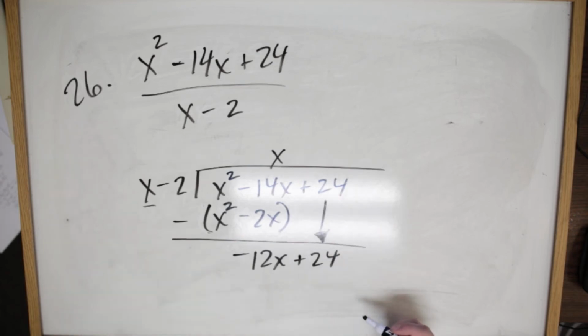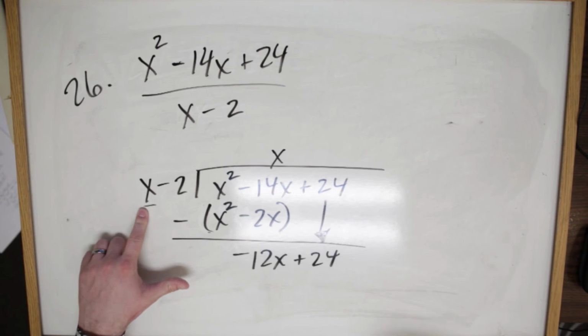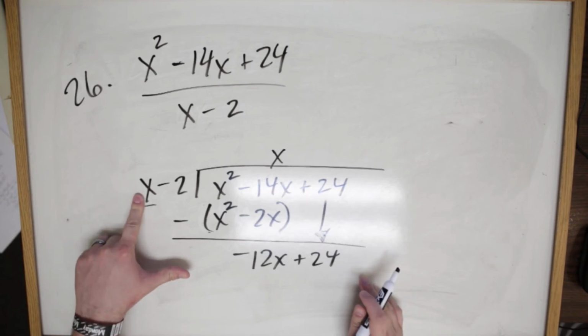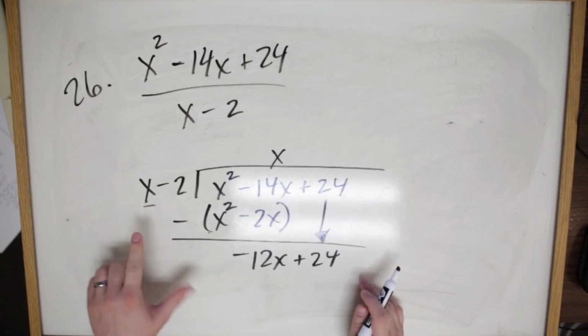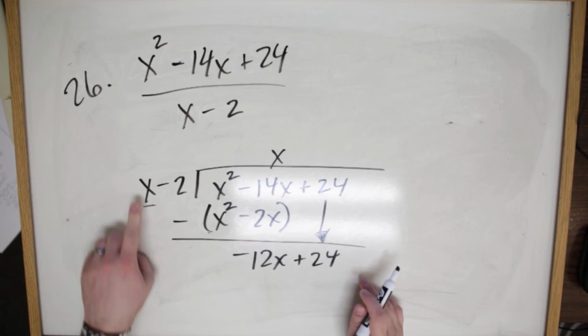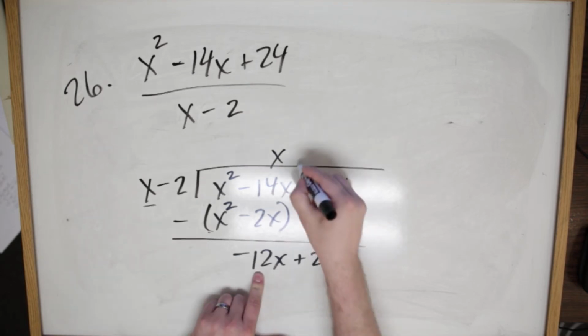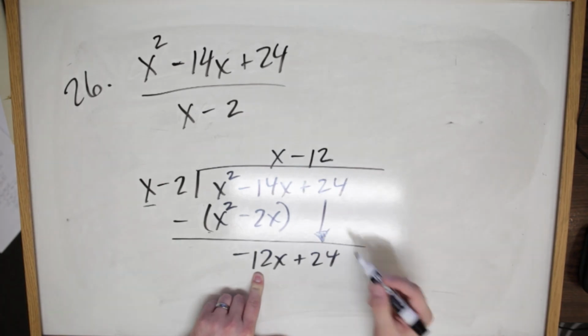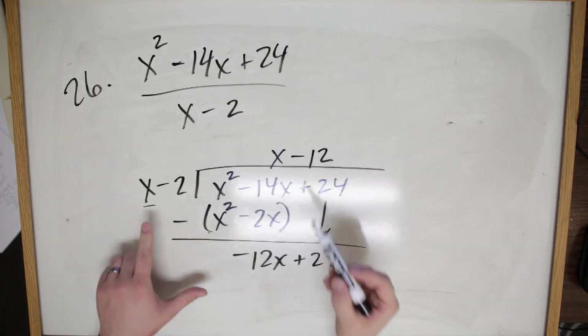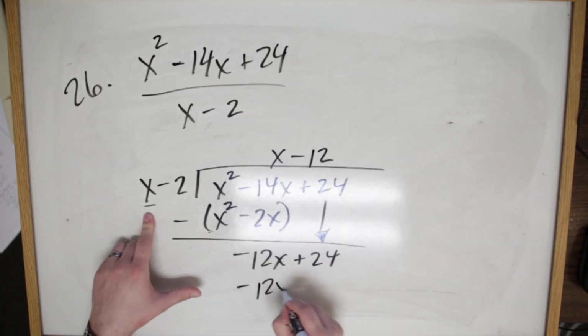Now, I do the exact same thing. What times x will give me a minus 12x? Okay? And the answer is just minus 12. So minus 12 times x is a minus 12x.